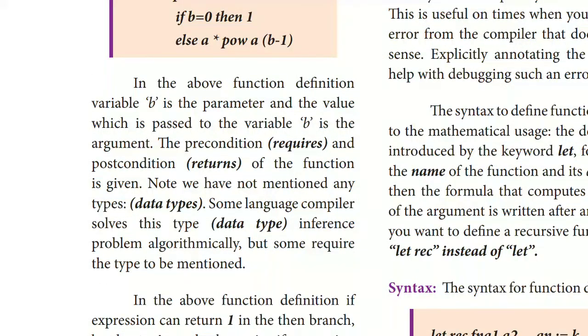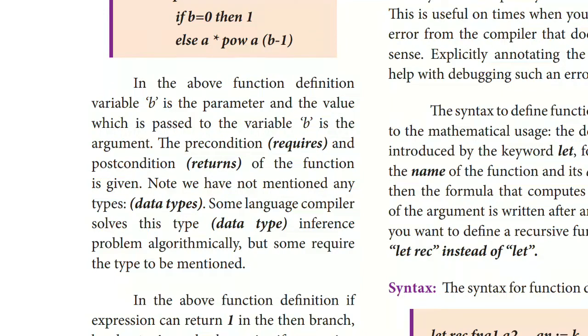So the precondition: before getting into the function, we require some data. So that data is known as precondition. So after finishing the execution of the function, it will return something. Okay, the output of the function is a return statement. So that is known as post condition.